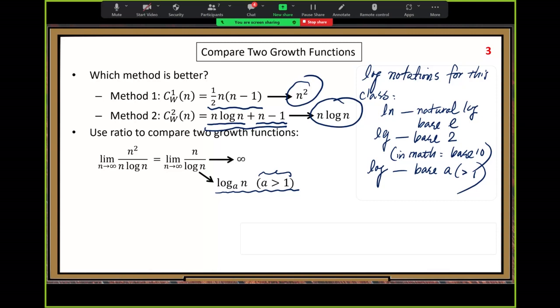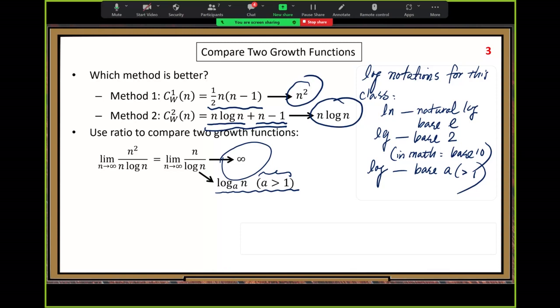Now, can you see the ratio is infinity here? n over log of n. It may not be easy to see if you do not have much experience in calculus.